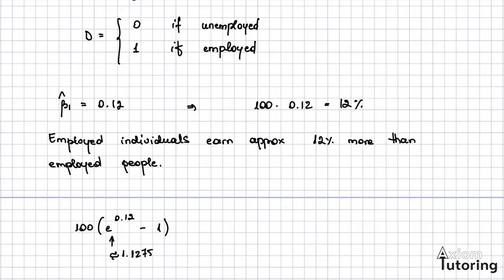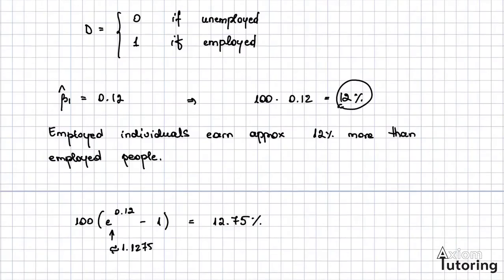So the entire thing becomes 12.75%. Okay? So the exact percentage difference would be 12.75%, which you can see is not that far off from the number 12 that we got with the approximation. So the approximation is quite close, not exact.